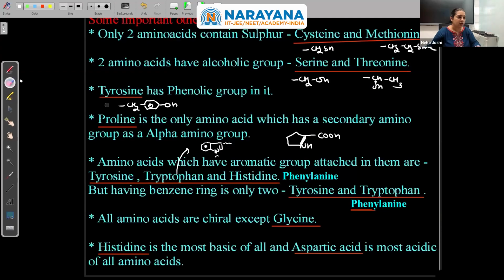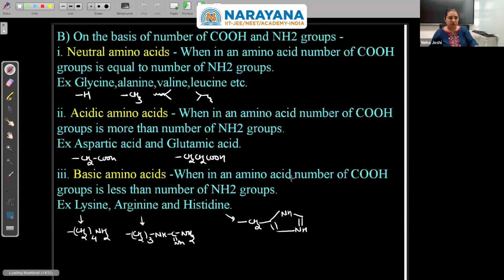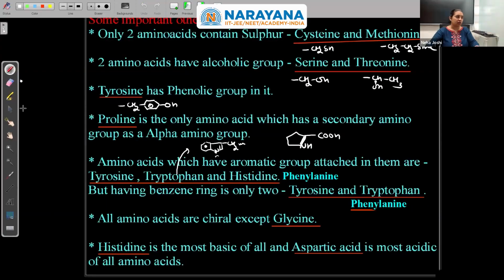Let me add that also. So CH2 and then like this. Histidine, I just drew a few seconds back. Phenylalanine is also having an aromatic group. So amino acids which have an aromatic group are tyrosine, tryptophan, histidine, and phenylalanine.